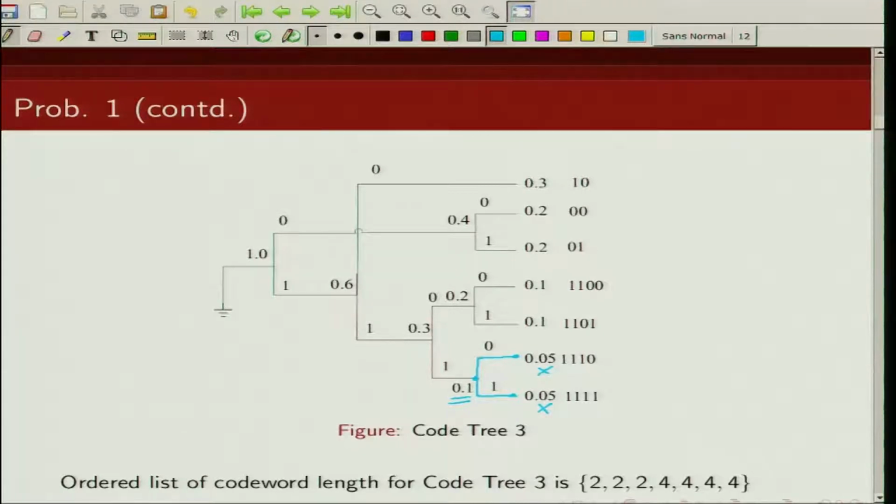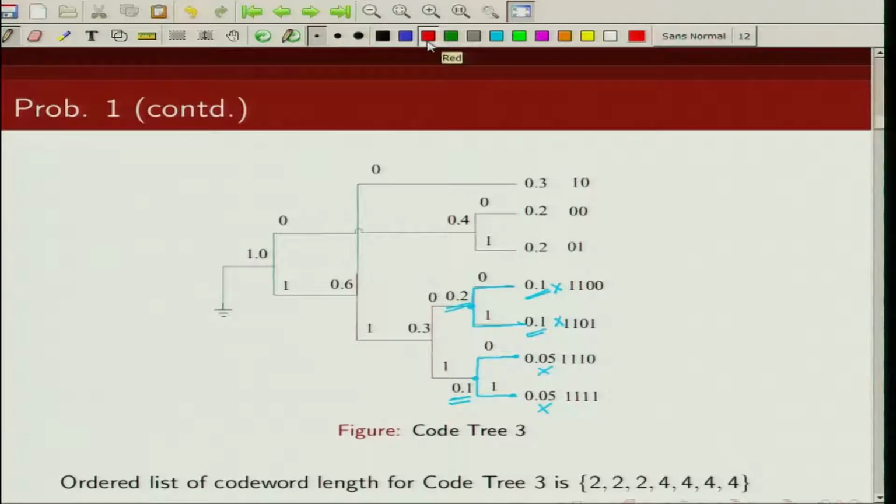Next we have this node with probability 0.1, this particular leaf with probability 0.1, and this node with probability 0.1. We can combine any two of them. If we combine these two, we get a new node which has probability 0.2. We deactivate these nodes.